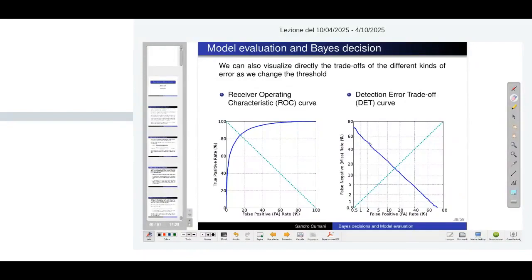Again, each point of this curve corresponds to one threshold, and these curves are useful because they allow me to compare different classifiers at different positions. So, for example, if we have recognizer 1, recognizer 2, and recognizer 3, we can conclude that for all applications R3 is better than R2.